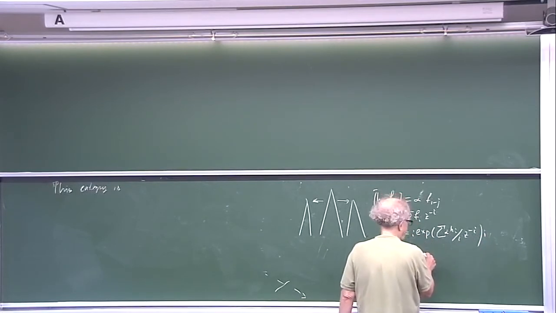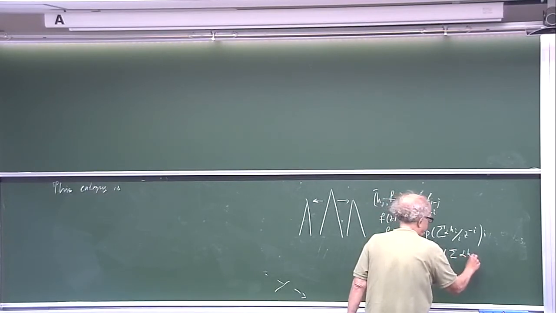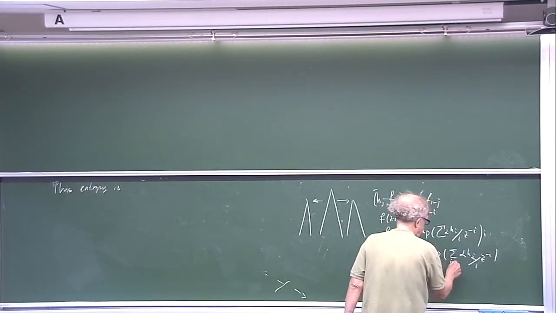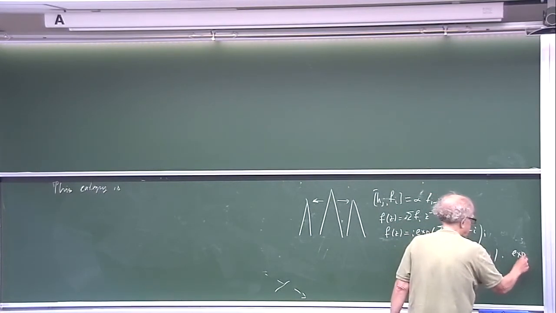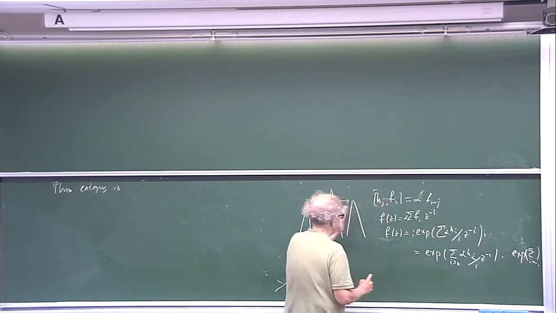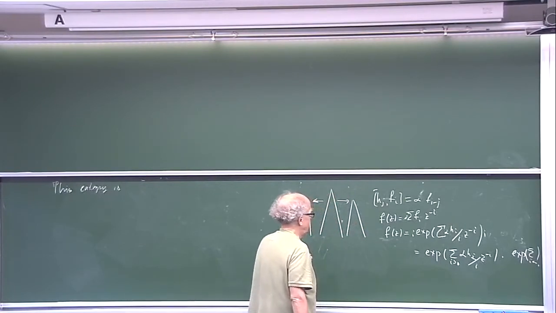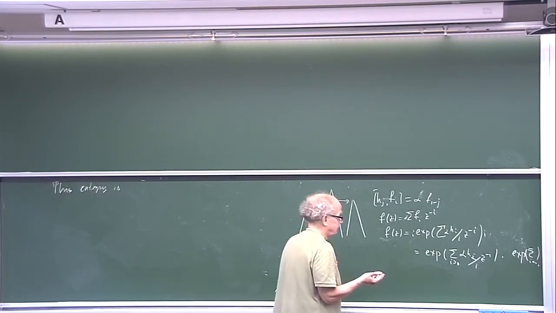It means you write down the exponent of the sum of alpha H_i over i times z^(-i), first with i positive, and then you write down the same exponent with i negative. And also some shift from this to this you have to put here. And this is the formula for the vertex operator.